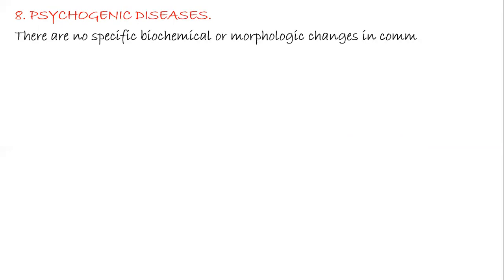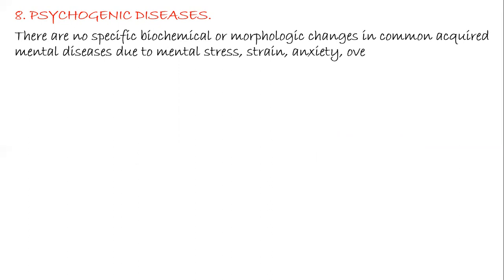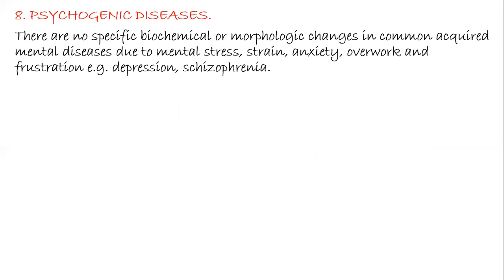The next cause is psychogenic diseases. There are no specific biochemical or morphological changes in commonly acquired mental diseases due to mental stress, strain, anxiety, overwork, and frustration, which mostly includes depression, schizophrenia.